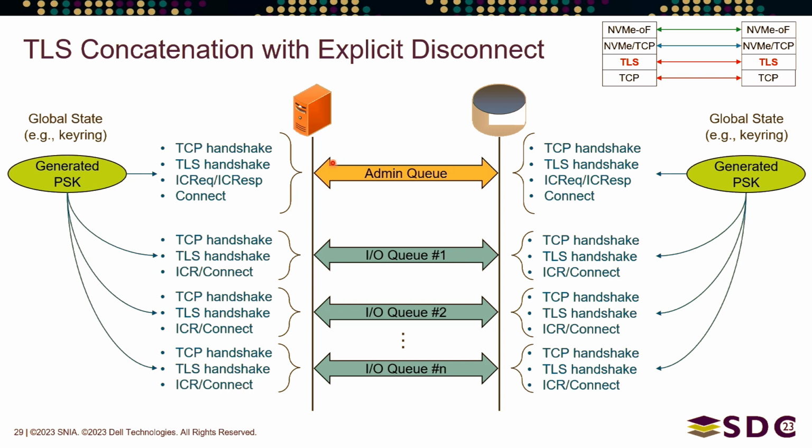So the admin queue first generates in the clear the PSK, and then disconnects the TCP connection. Then the admin queue is reinstantiated over a TLS connection using the generated PSK that was created on the previous TCP connection. That is the new approach to perform TLS concatenation.